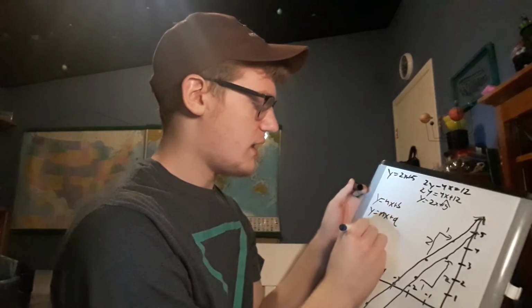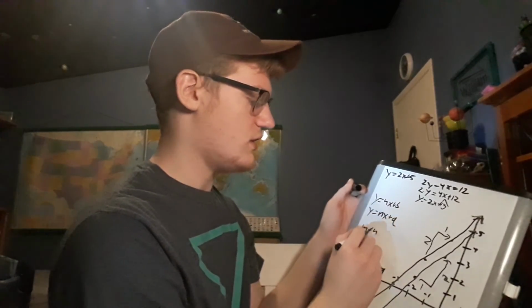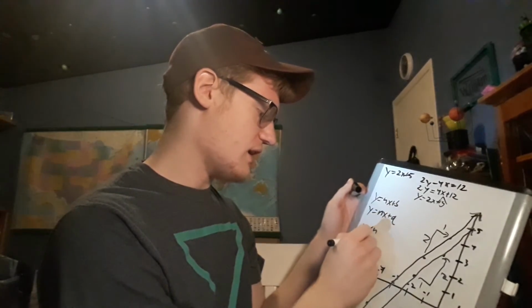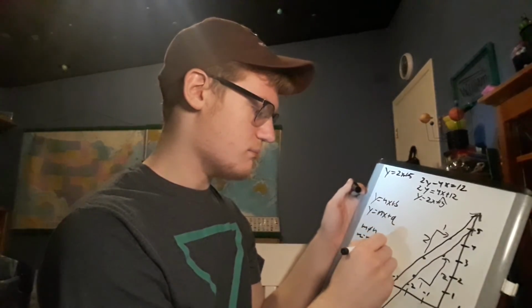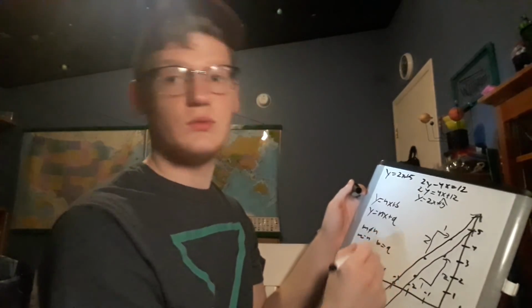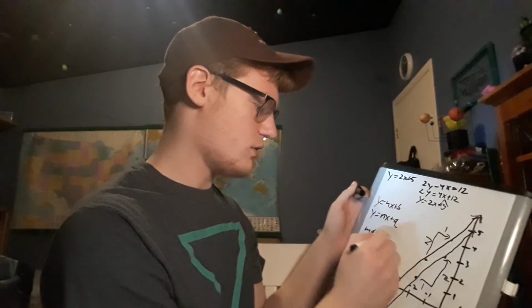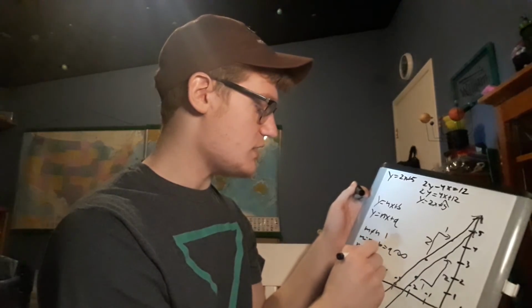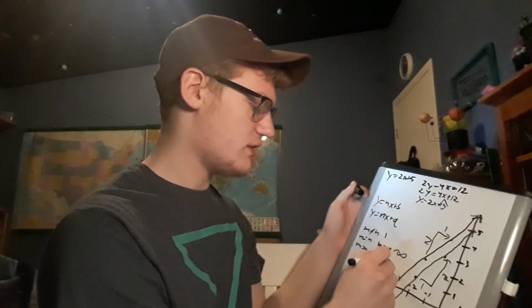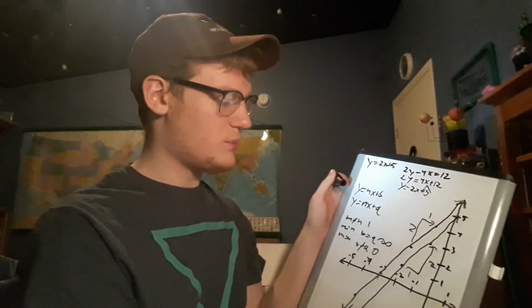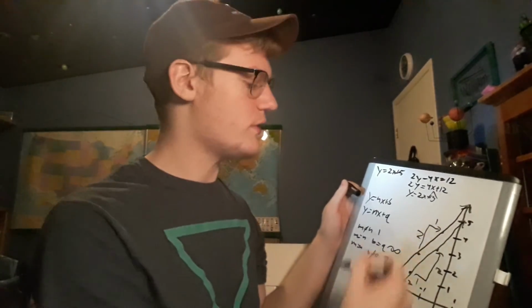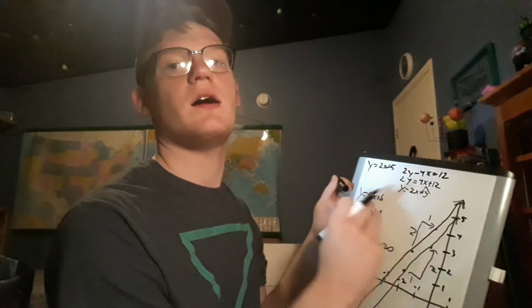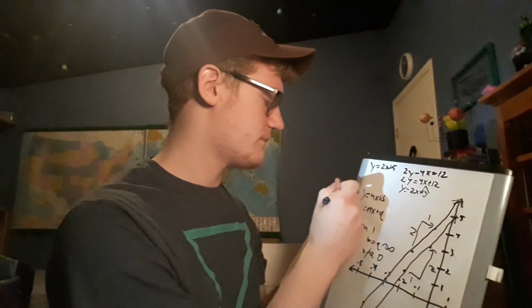If m and n are not equal, then you'll have 1 solution. If m and n are equal, and b and q are equal, then you'll have all the solutions. But if m and n are equal and b and q are not, then you can't have any, because the lines will be parallel. There will be no points that can fit on both lines at the same time.